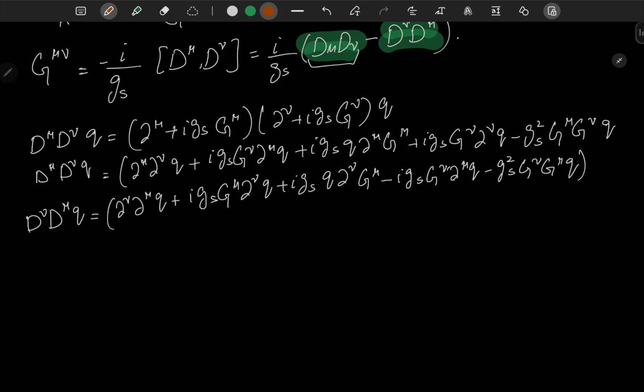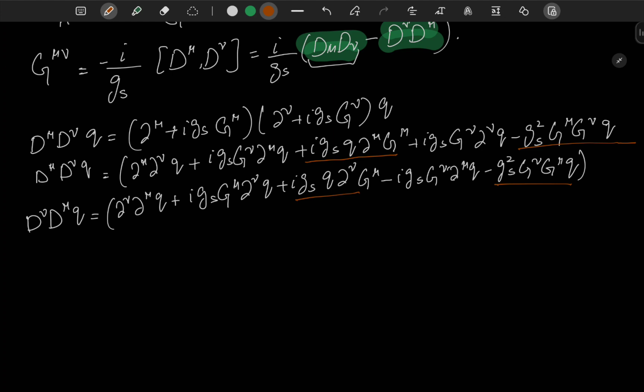Now if we look at the third term here and the last term here, and similarly the third and the last term in the other equation, these two terms in each of the equations are not symmetric.